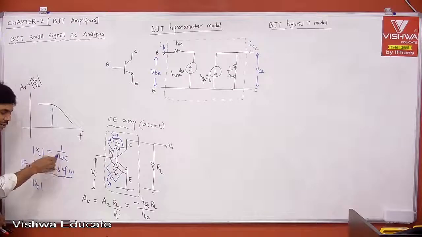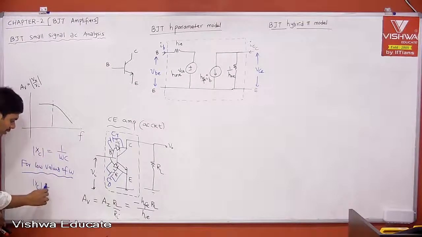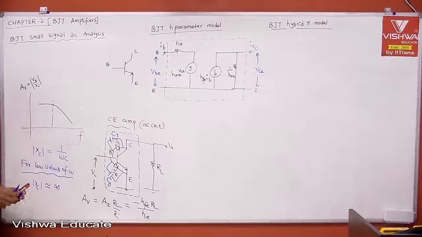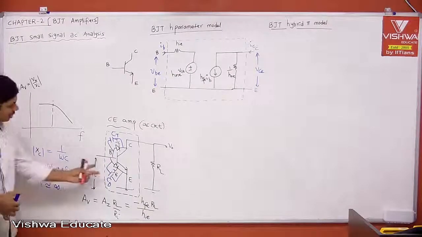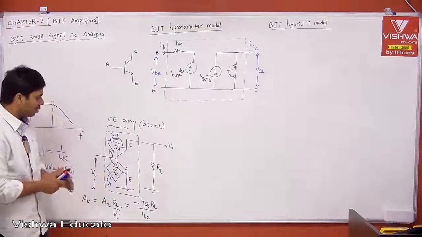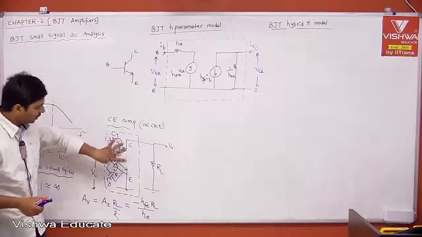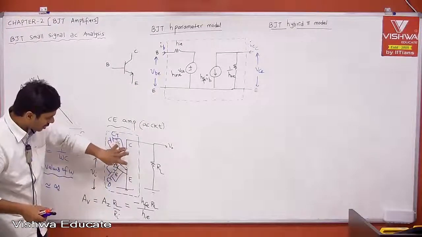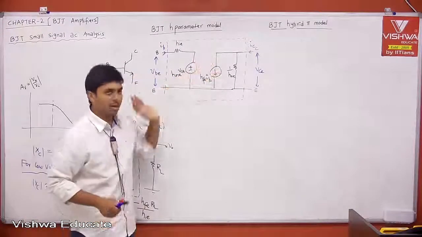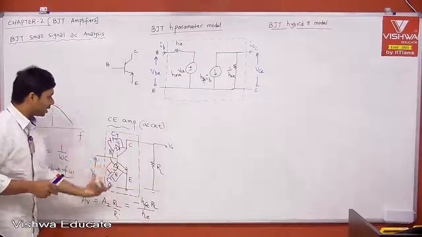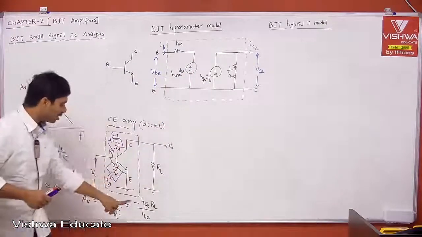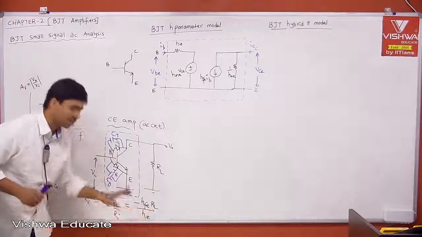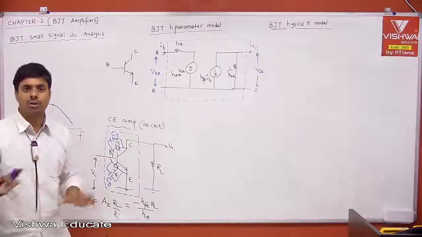If omega is very small, 1 by very small is very high. Therefore, you can take it as approximately infinity, which means open. Then there is no effect of capacitance. It is simply the low frequency transistor model, which matches the H parameter model. Therefore, whatever gain we calculated, we got minus HFE into RL divided by HIE. Satisfied. There is no issue at all.